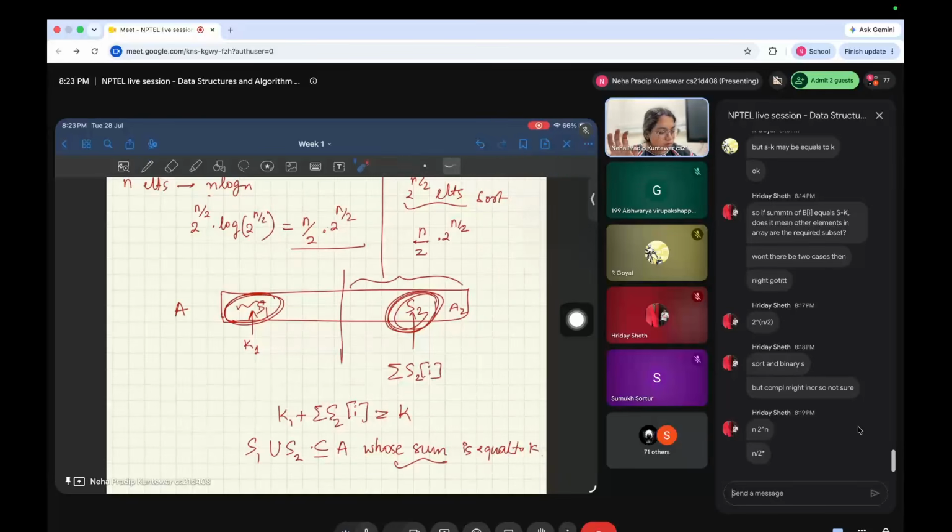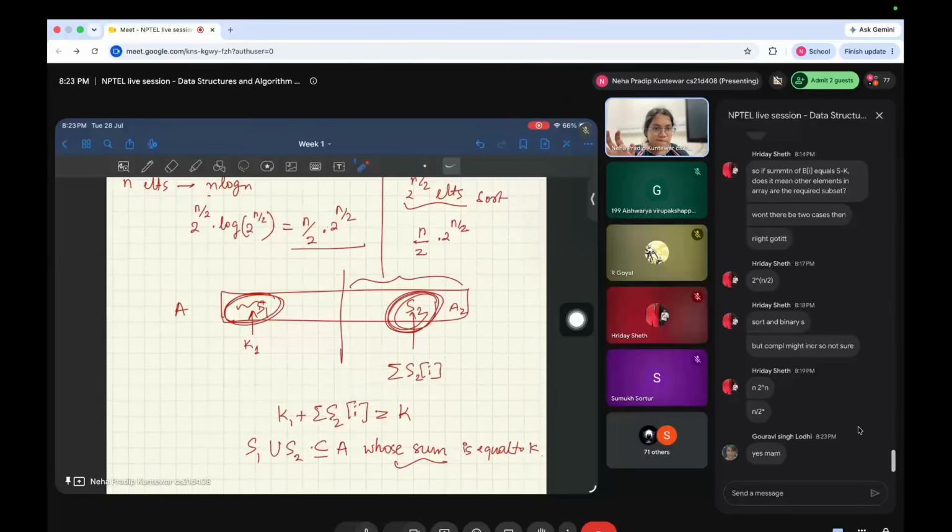So in other words, what is the value of the sum of a subset here that you're looking for? This should be k minus k1. That's what you're looking for, right?